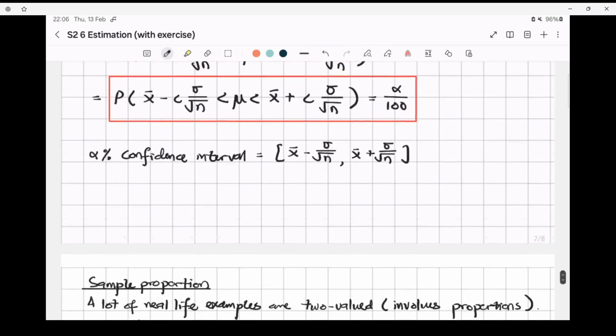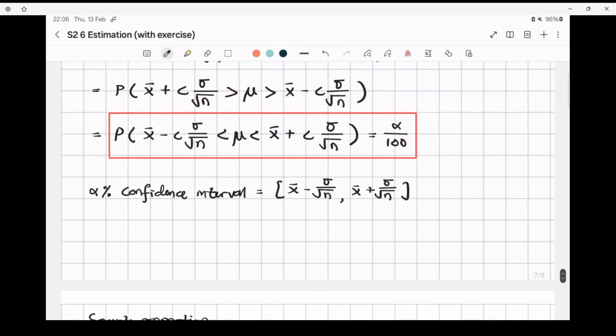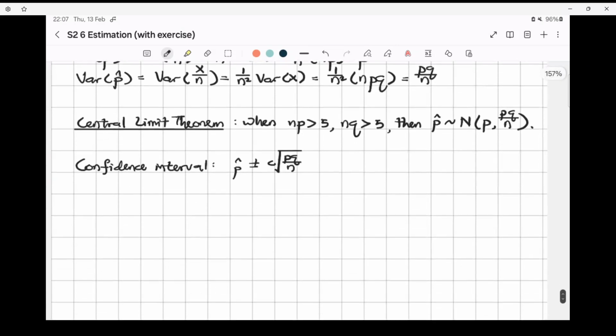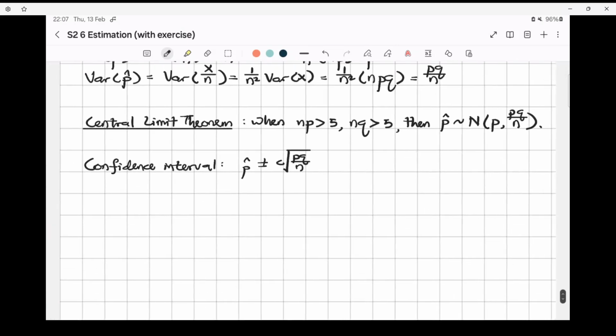You can compare the two; they are almost the same. You measure from the sample plus or minus the standard deviation of the sample. In one case, this is sigma divided by square root n. In the other case, this will be the square root of pq divided by n. So basically, that's all you need to know for sample proportion.